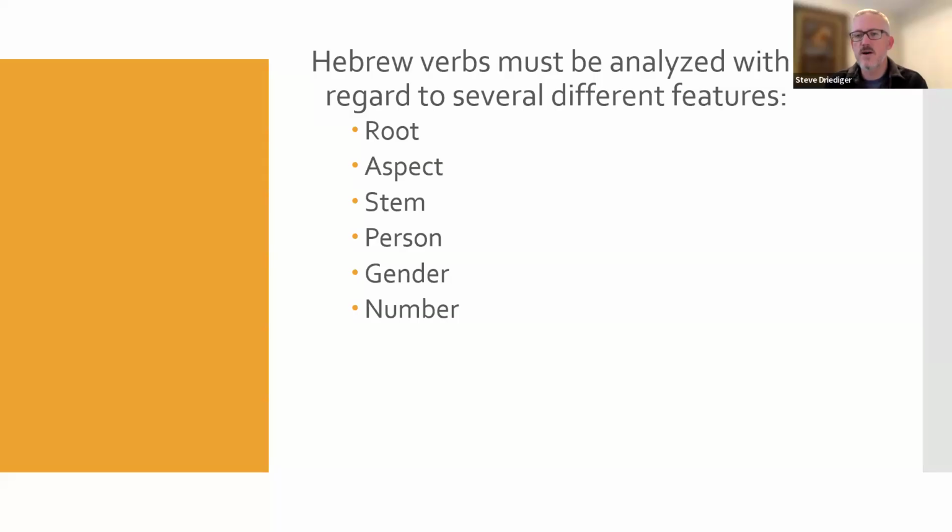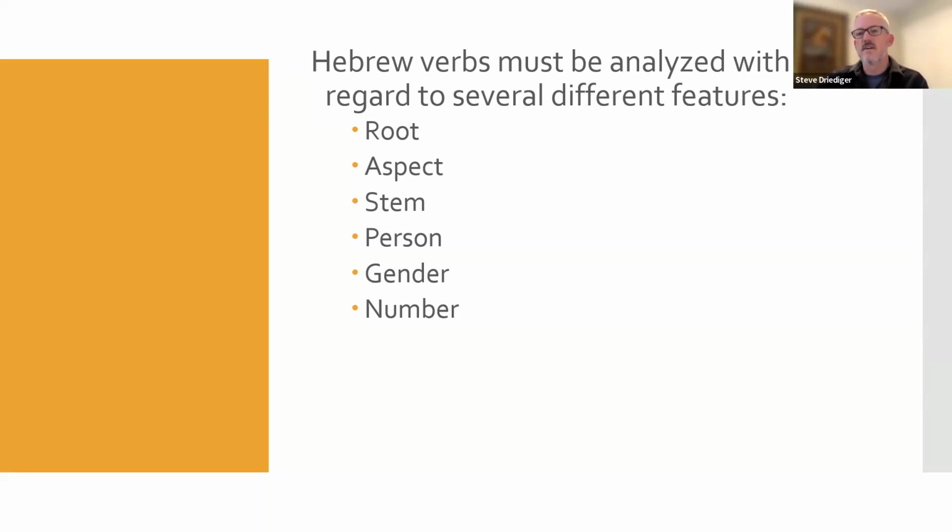It isn't so much about when the action took place as what kind of action it is. And Hebrew divides it into two categories, the perfect and the imperfect. Perfect means the action has been completed, and imperfect means the action has not been completed.